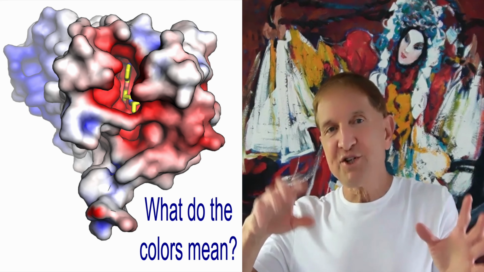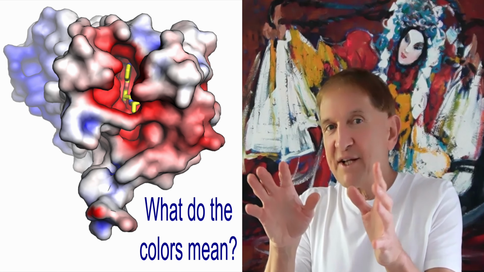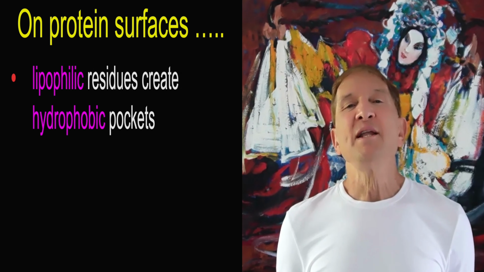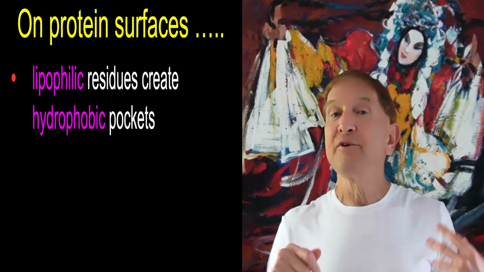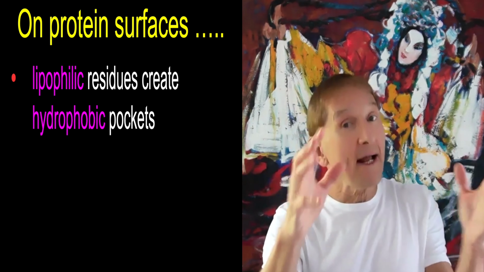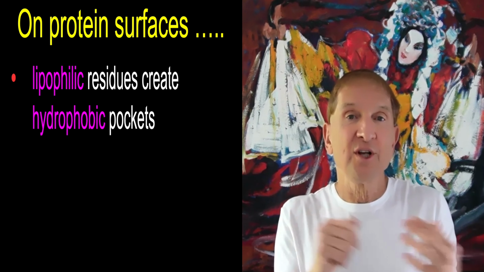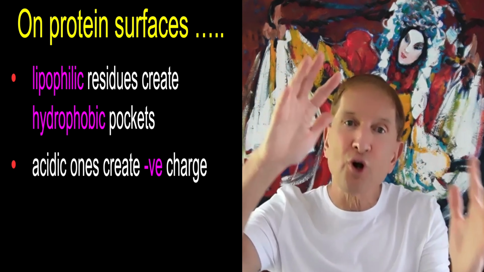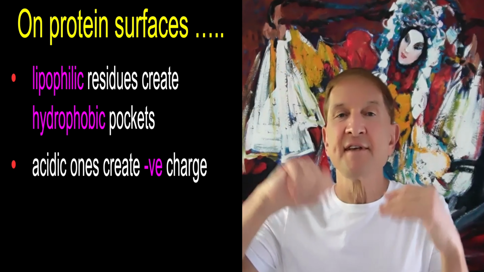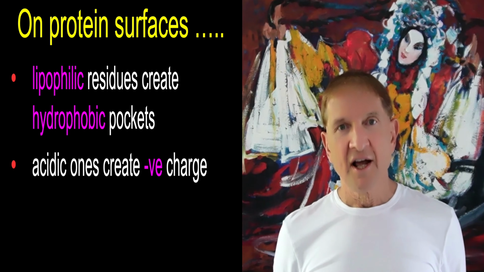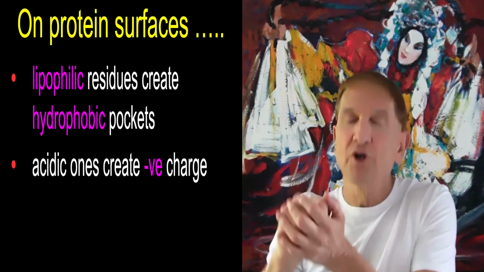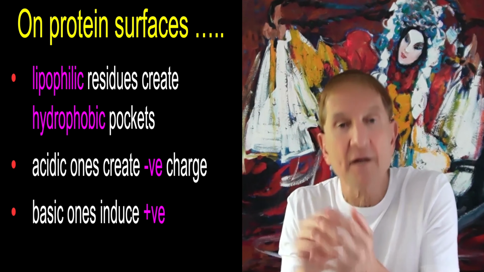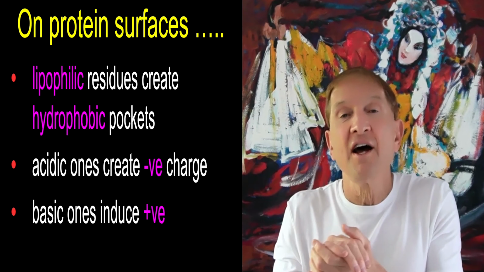And we get patches of blue and patches of gray and patches of red. What do they mean? Lipophilic pockets formed from, for instance, aliphatic or aromatic groups are gray. Cationic pockets formed from the cations that we get by protonating basic amino acids at around neutral pH are colored blue. Anionic pockets formed by deprotonating the side chains of acidic amino acids at neutral pH are red.